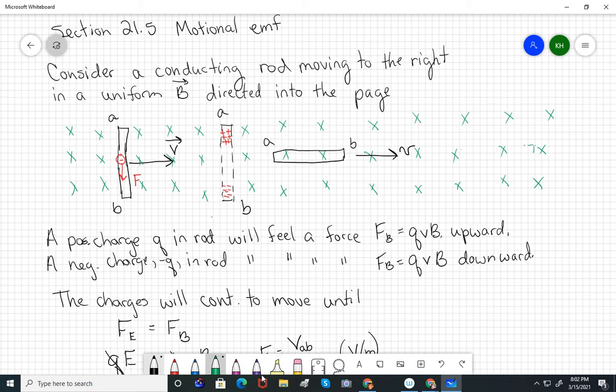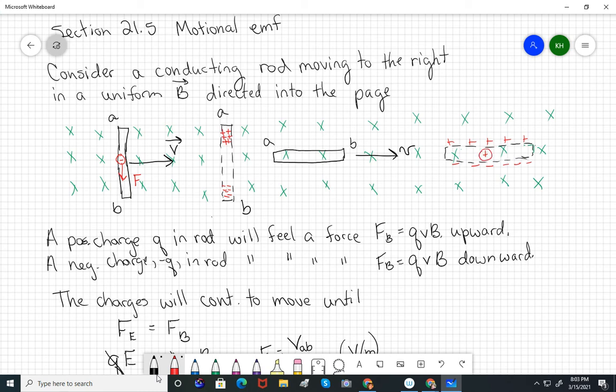What will happen if it's moving this way is, again, this side will become slightly positively charged, and this side will become slightly negatively charged, because the forces, if you picture that charge right there, it's going to feel an upward force.